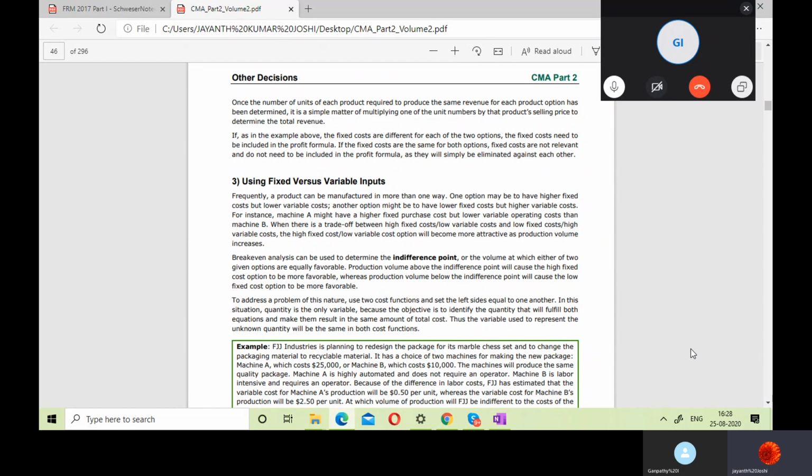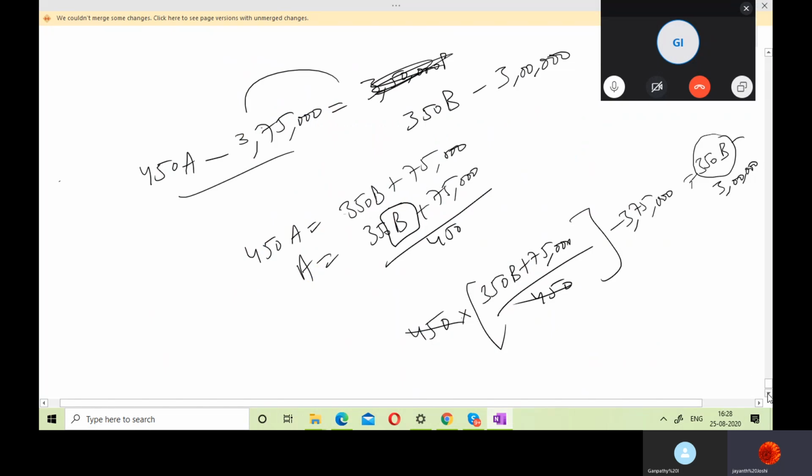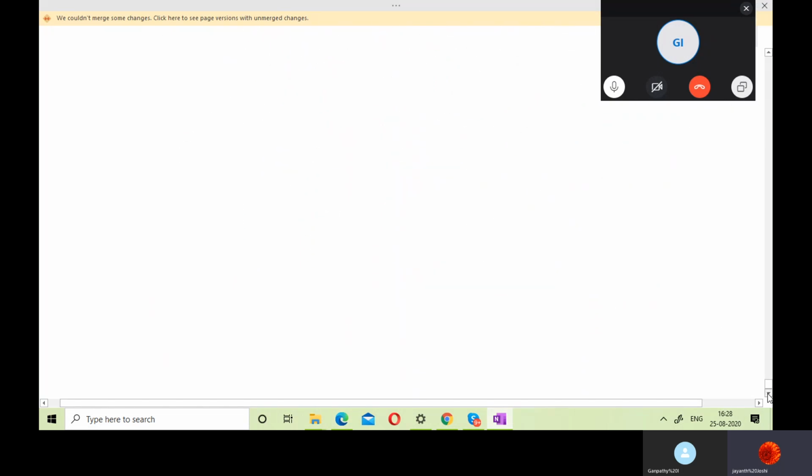Why? Because if you increase your production from 1000 units to 2000 units, always you should remember this. See, there are two options: high fixed cost, low variable cost; low fixed cost, high variable cost. But what happens if you increase your production level?